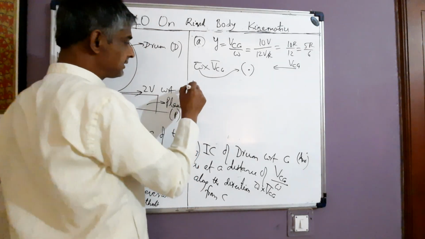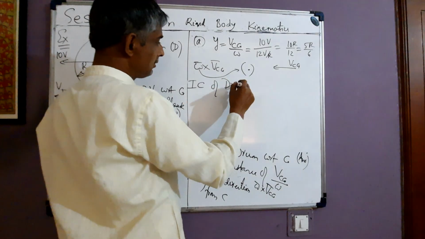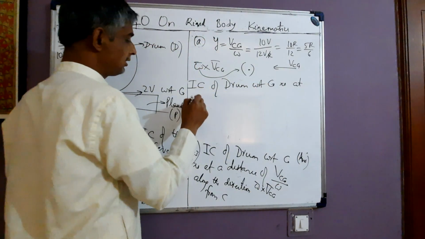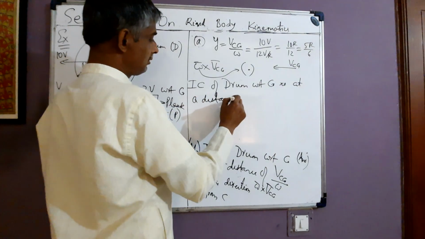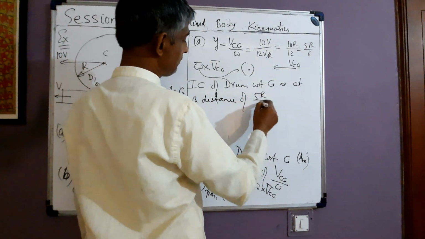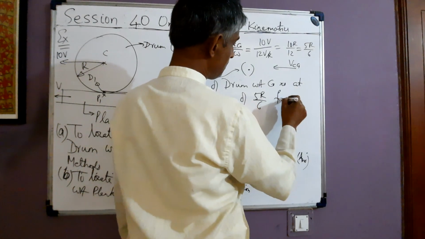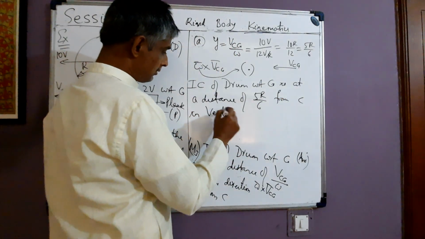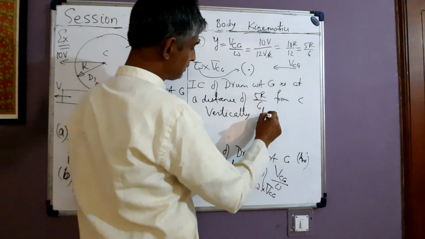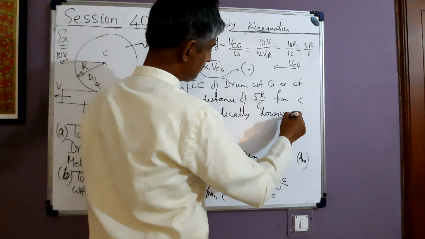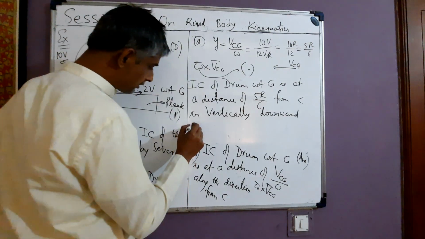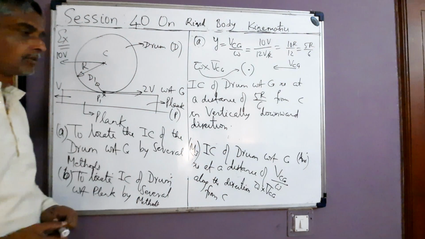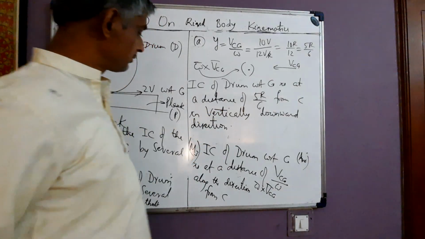Alright. So IC of drum with respect to ground is at a distance of 5R by 6 from center C, in vertically downward direction.